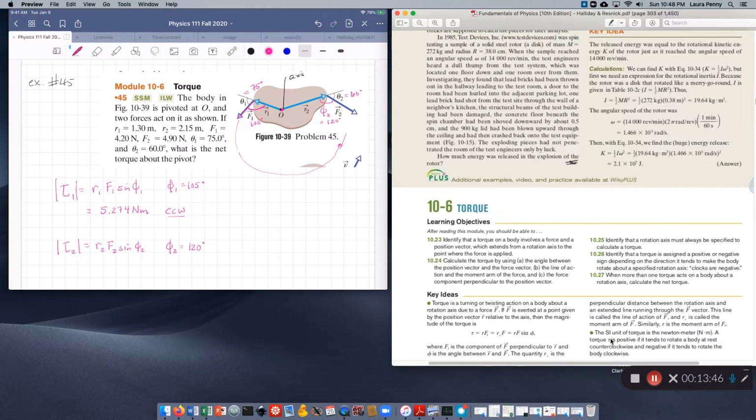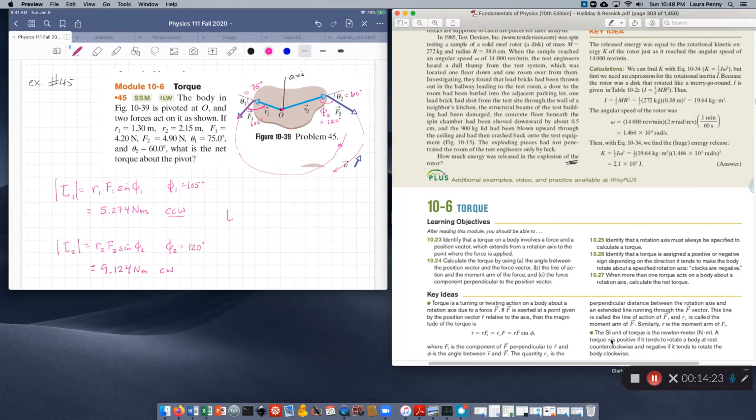So if I plug in R2, which is 2.15, times F2, which is 4.9, times the sine of 120, I get that this torque has a magnitude of 9.124 Newton meters, and on its own, this thing would try to make it move clockwise.